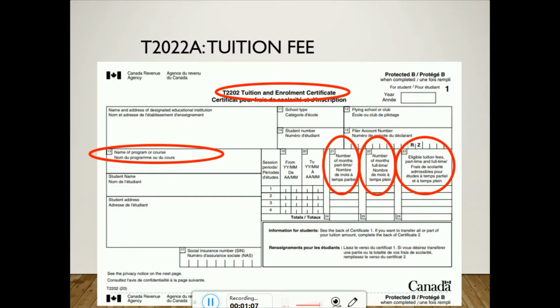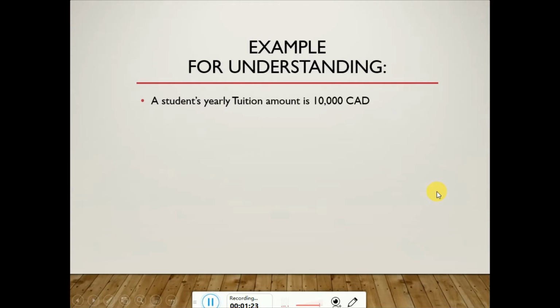But basically this tuition form will have all your details of which program you studied, how many months you were a part-time student or how many months you were a full-time student, and the most important aspect, what amount you paid as tuition fee.